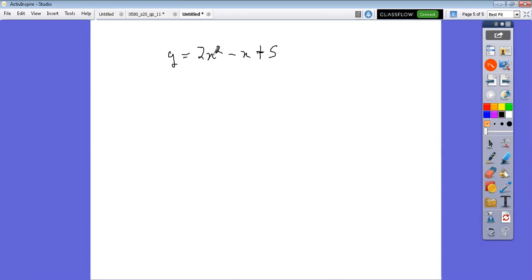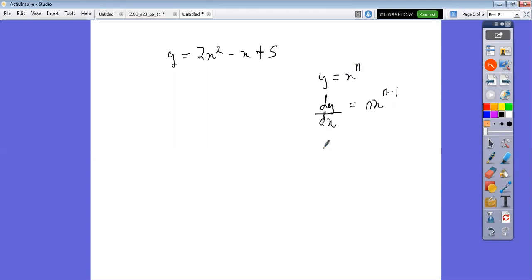In general, if I have y is equal to x to the power of n, to differentiate this, I write dy over dx, differentiating with respect to x. It's simply equal to n x to the power of n minus 1. That's how simple that is.